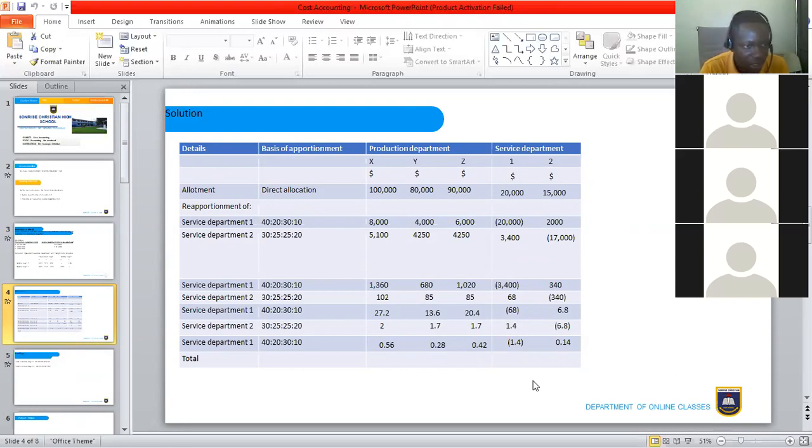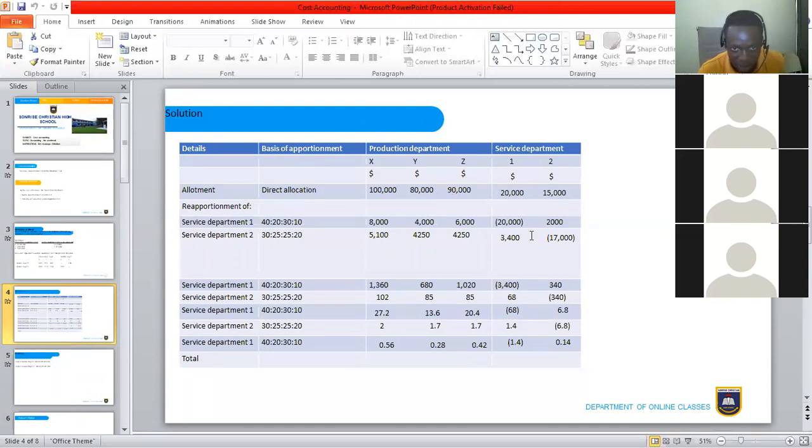Why did we decide to write direct allocation in the basis of apportionment column when it comes to this cost, 100,000, 80,000, 90,000, 20,000, and $15,000? Yes, the question is to the class.